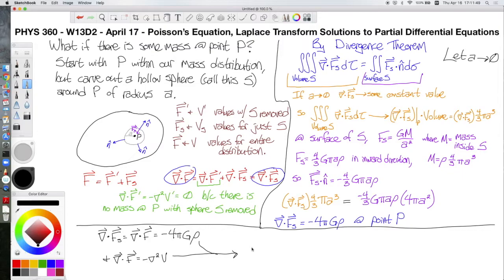And we also know that the divergence of F is equal to the negative Laplacian of V. So we can now write that the Laplacian of V is equal to 4 pi G times rho. And this is Poisson's equation, where the source density is 4 pi G rho.